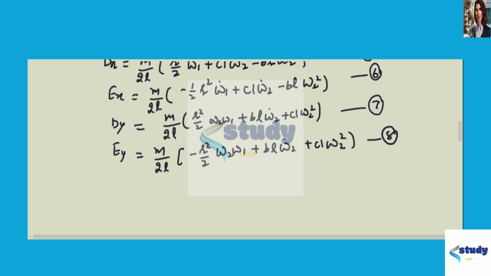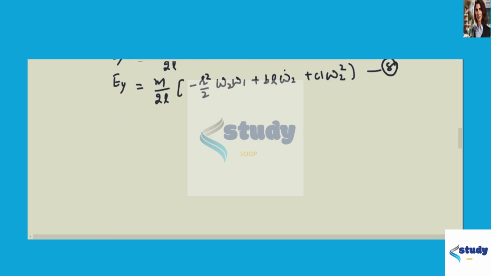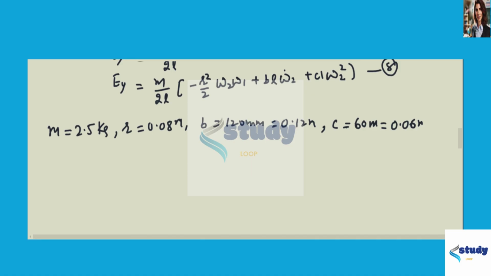Substituting all the values of the data already given above, I am writing again that you have to substitute and solve for: mass of the disk 2.5 kg, radius 0.08 meter, value of v 120 millimeter, that is 0.12 meter, c 60 millimeter, that is 0.06 meter, L 150 millimeter, that is 0.15 meter.